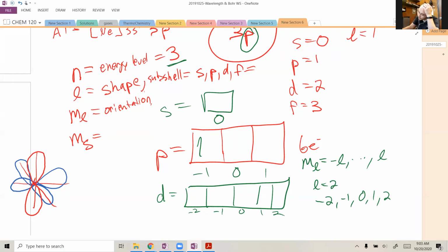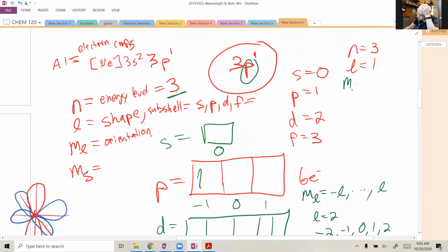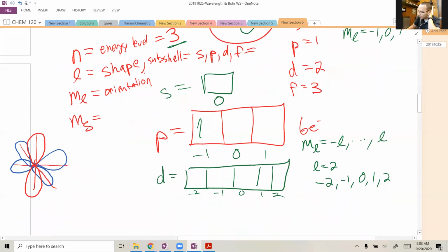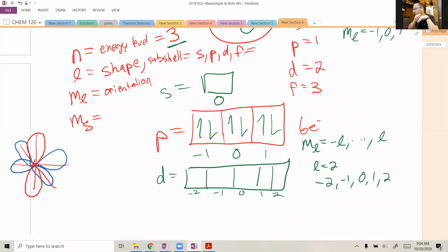So when we get to that M sub L, it could be -1, 0, or 1, unless for some reason it was specified otherwise. Now, what I like to do is assign my first electron to the -1, my second one to 0, my third one to 1, and then my fourth, fifth, and sixth the same way. So that's how they fill in, and I just automatically assume that that's where they would be located.